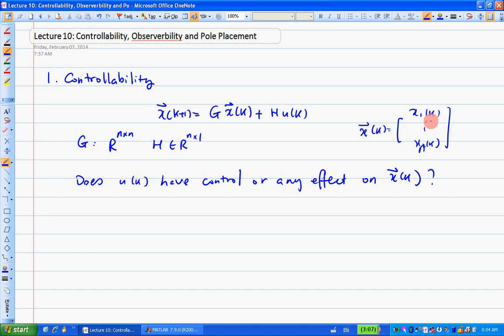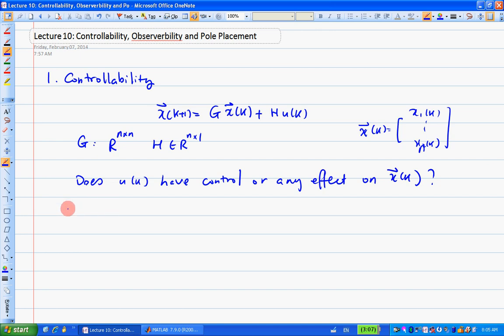However, maybe not. Maybe U of k doesn't have the effect, so it doesn't really matter how big this is. x1 of k is not affected by this U of k. Then in that particular case, that state is called uncontrollable. Does that make sense? So controllability is all about this concept right here.